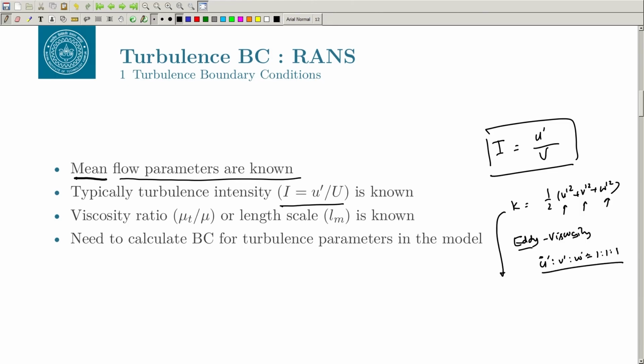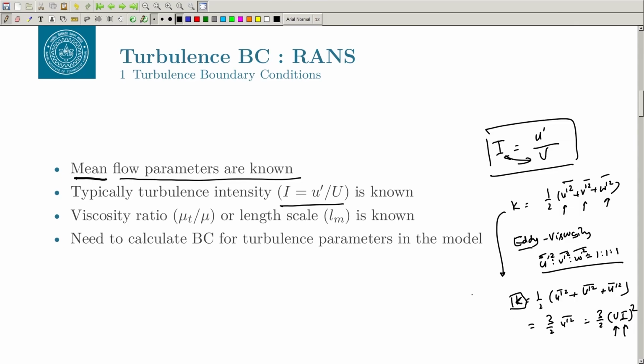So, then you can take the kinetic energy as half of u prime bar square plus u prime bar square plus u prime bar square. Okay. So, the scales are basically equal, there is no anisotropy in any direction. Okay. So, then it will become 3/2 u prime square, and u prime square is basically nothing but ui square. Okay. You can use this definition, u prime is ui. So, if you know the intensity, if you know the mean value, you can calculate the turbulence kinetic energy. Okay. That is the idea.